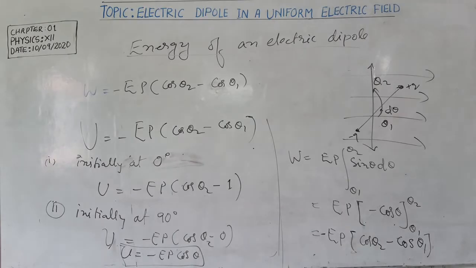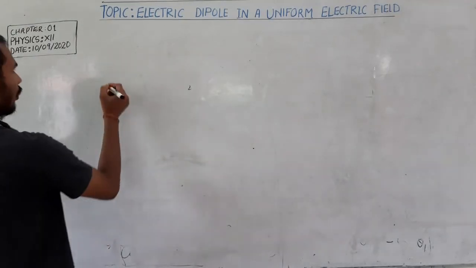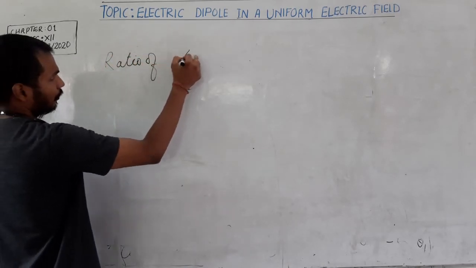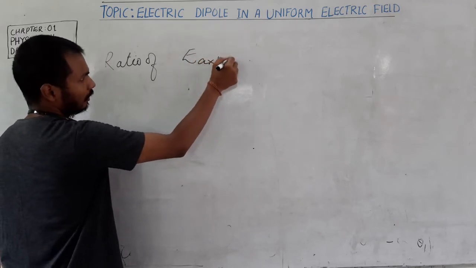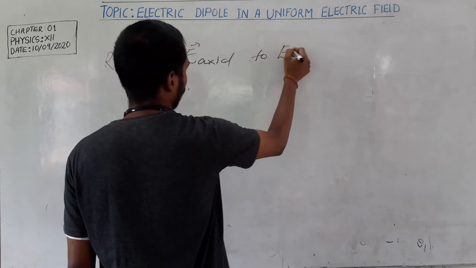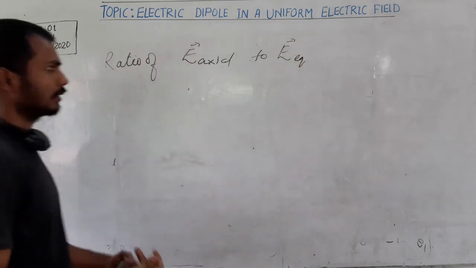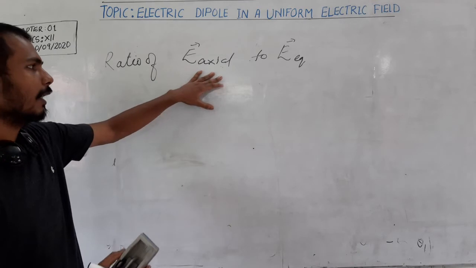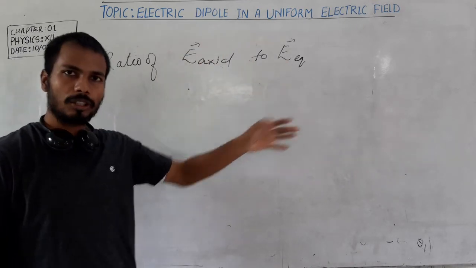Now next, what is the ratio of the electric field intensity on the axial line to the electric field intensity on the equatorial line for an electric dipole?